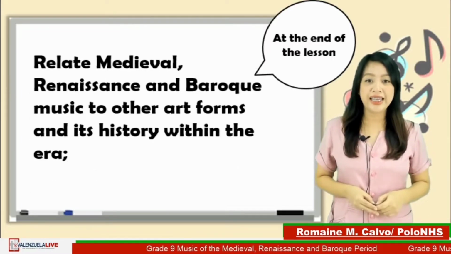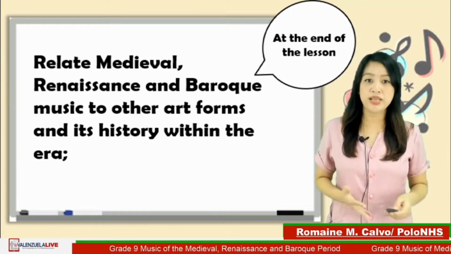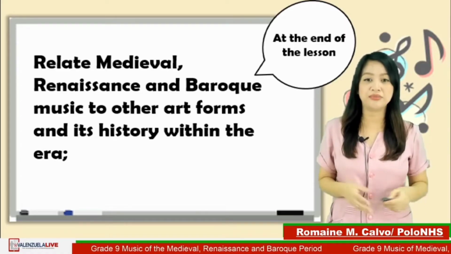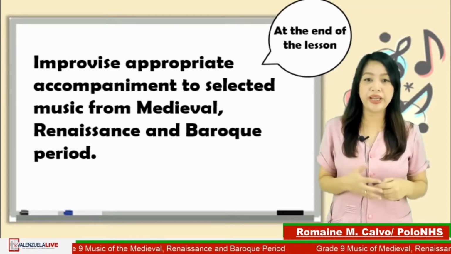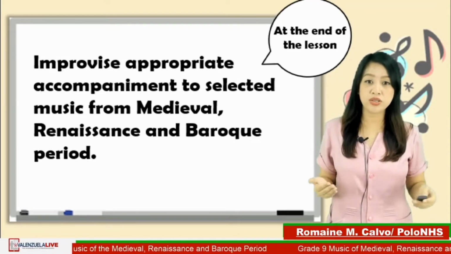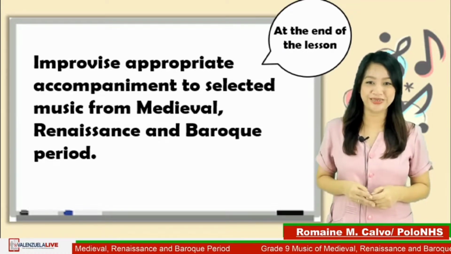Third, relate the Renaissance and Baroque music to other art forms and its history within the era. And fourth, improvise appropriate accompaniment to selected music from the medieval, Renaissance, and Baroque period.